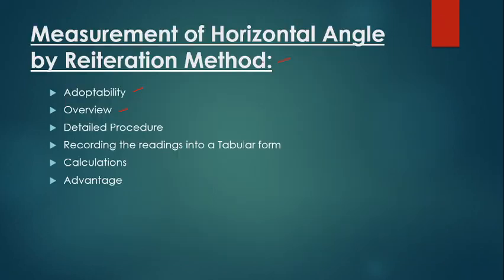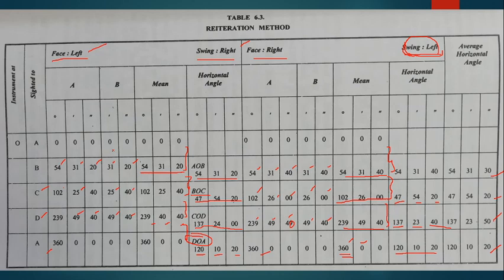We dealt in detail with the reiteration method, its adaptability, overview, and detailed procedure, recording the same onto the tabular form, how to calculate the average, and the advantage of this method over the first two methods, the general method as well as the repetition method. Okay. So with this the method of reiteration is completed.